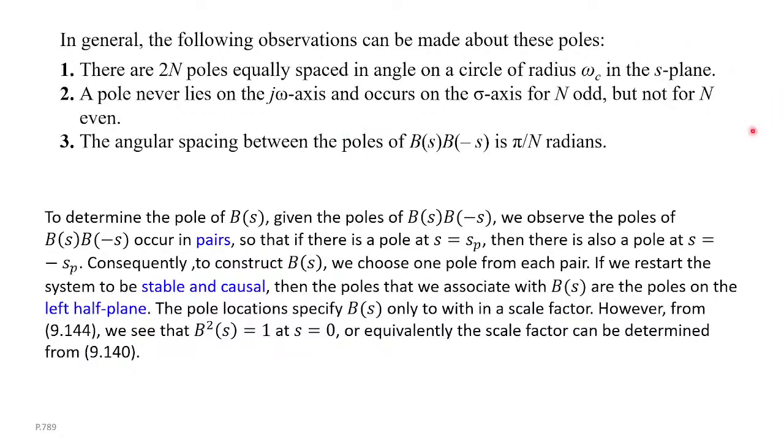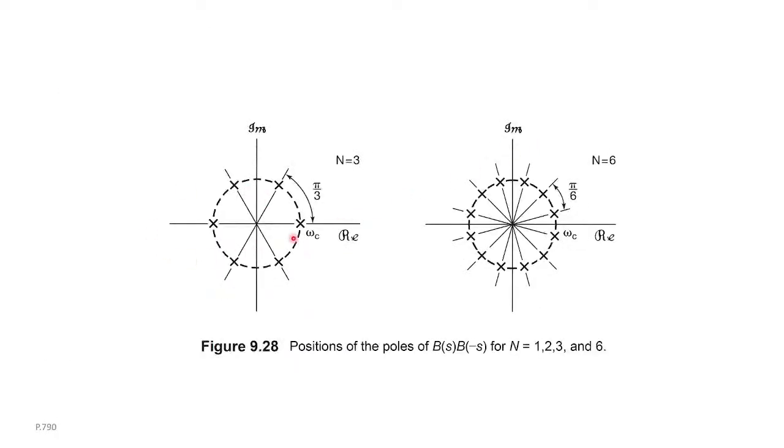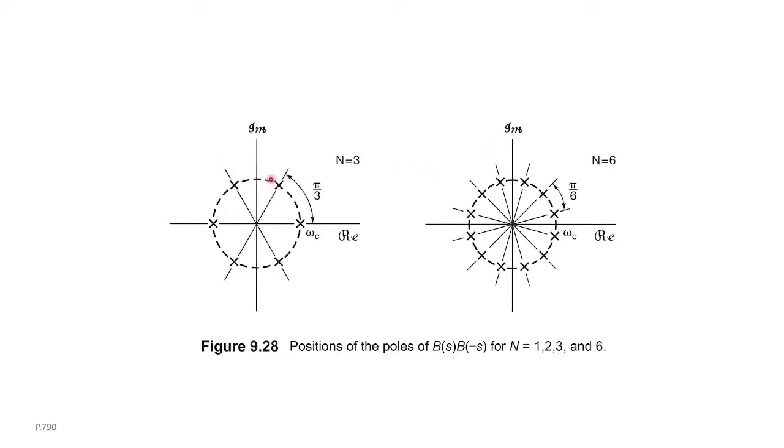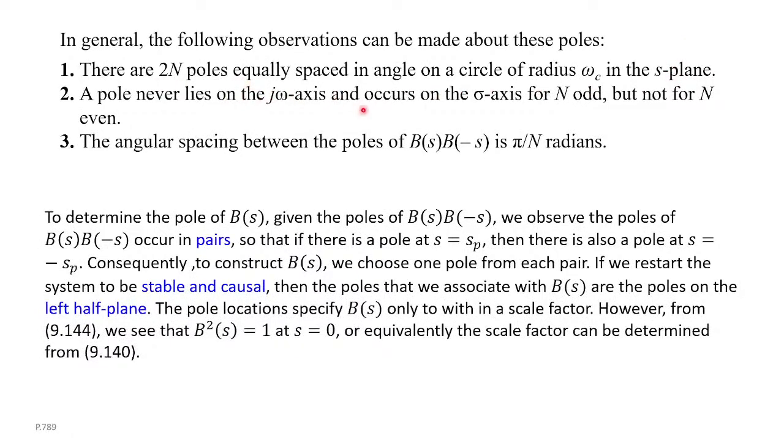And so we have some things you can say about the roots. Obviously the 2n poles are equally spaced around this circle of radius omega c, and they are equally spaced because the spacing comes from the -1 to the 1/2n. The spacing is pi over n, so 2 pi divided by 2n.